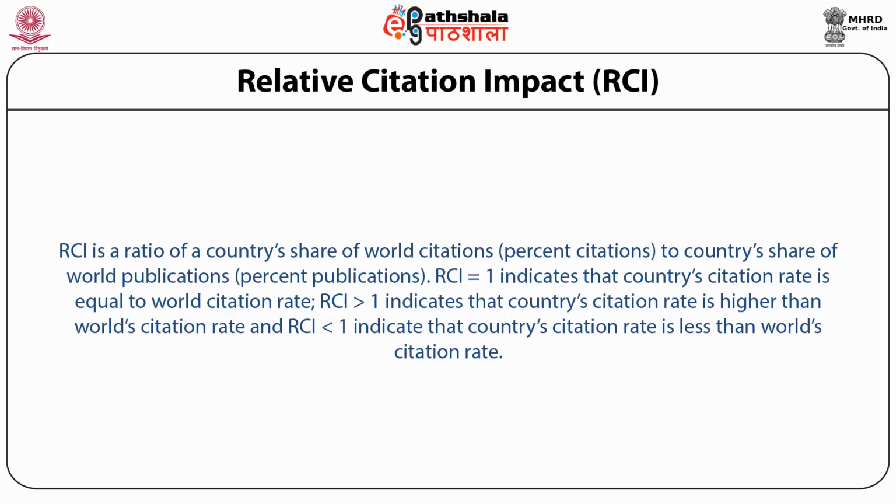That means the publications of that country have received more citations than the world citations, and RCI less than 1 indicates the country's citation rate is less than the world citation rate, which is poorly reflected on the national performance of scientific output of that country.